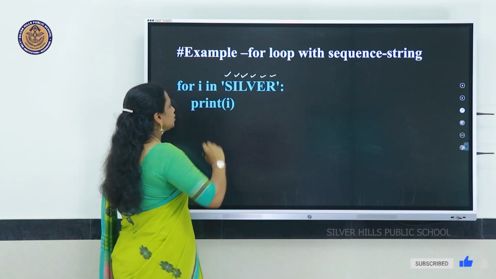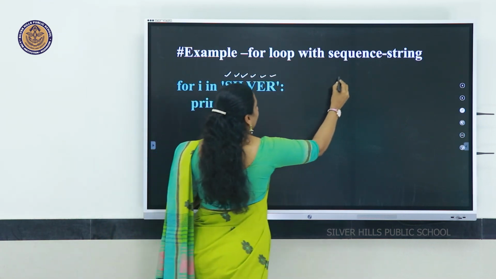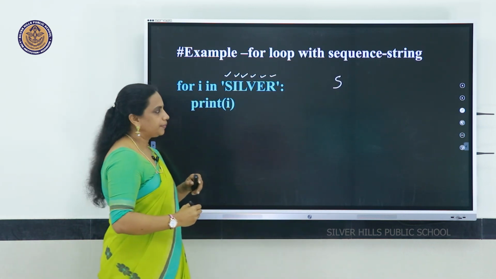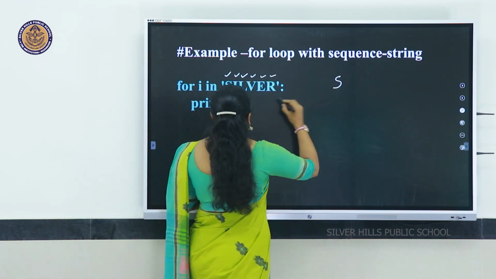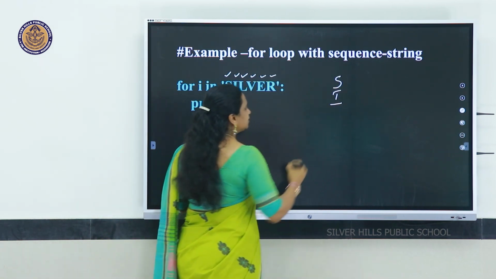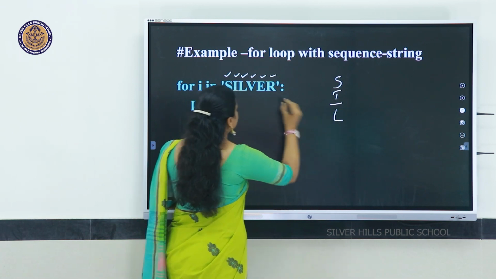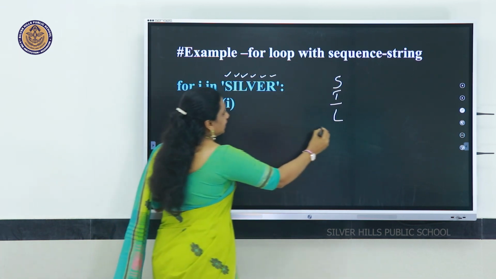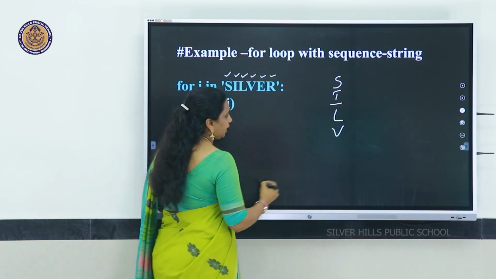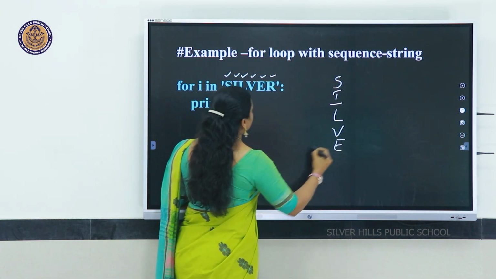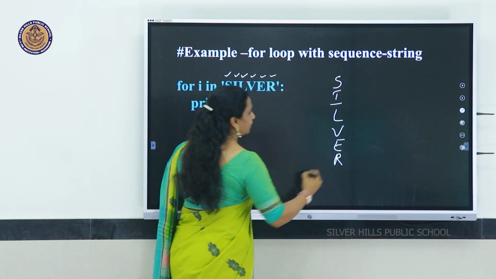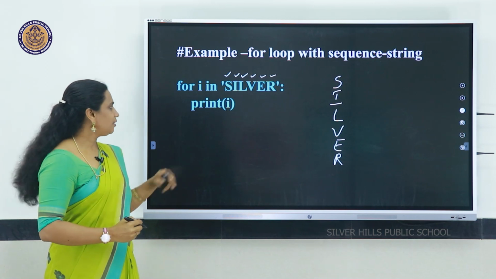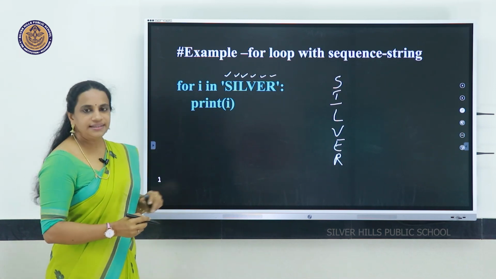First, for i equal to S, the value S is printed. Now, i is equal to capital I, which is printed. The next iteration is L, then V, then E, then R.